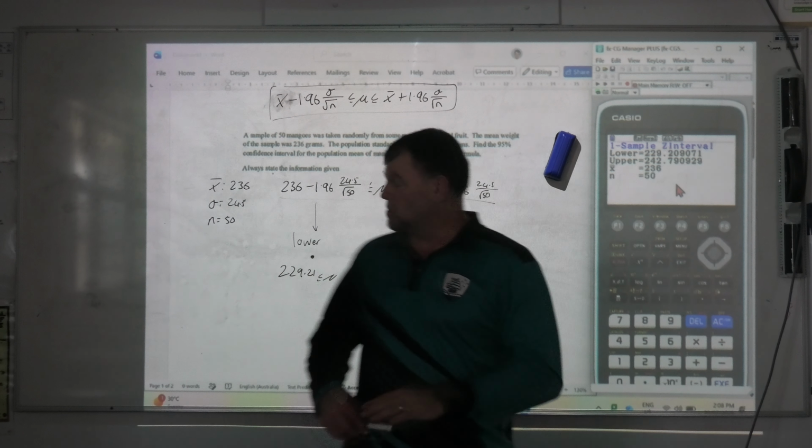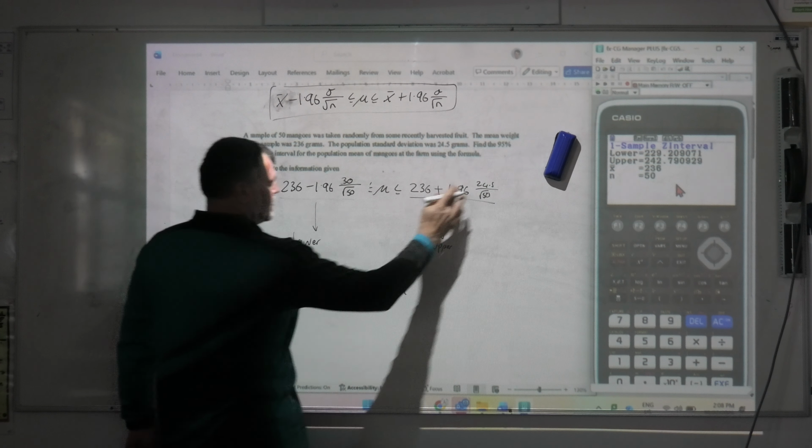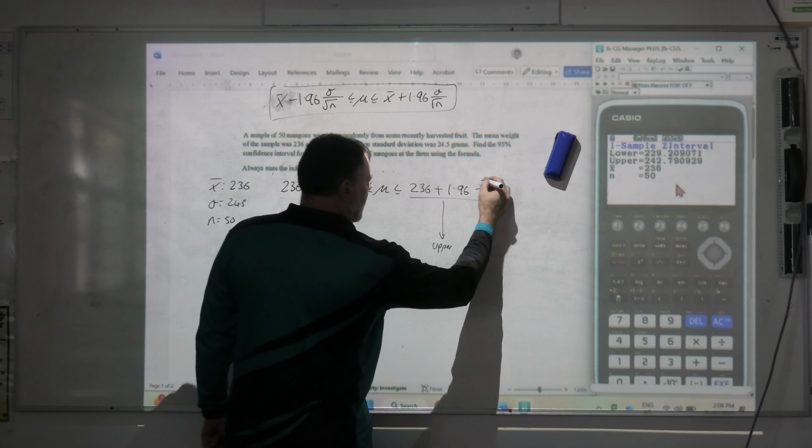So let's have a look at what happens when we do some variations. Let's say that we want to change our confidence interval. Let's change your standard deviation to 30. Well, what happens to our graph when we change the standard deviation?